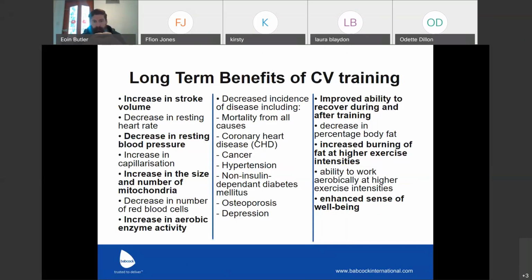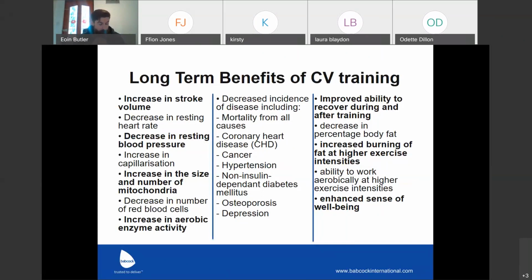You get improved ability to recover during and after training, a decrease in percentage body fat, increased burning of fat at higher exercise intensities, the ability to work aerobically at higher exercise intensities, and an enhanced sense of well-being. So these are all the benefits of cardiovascular training.